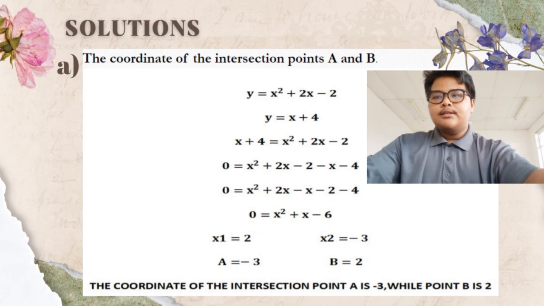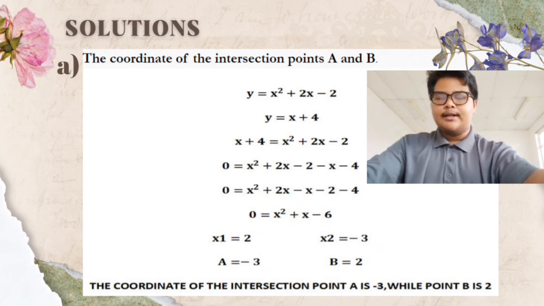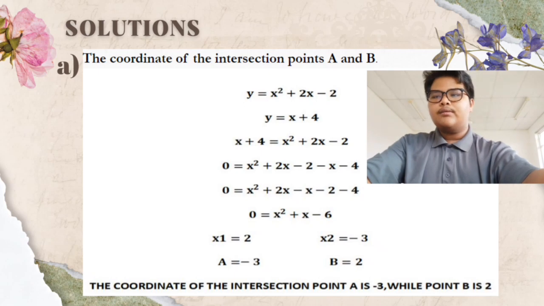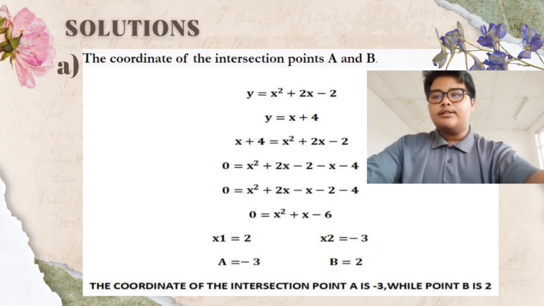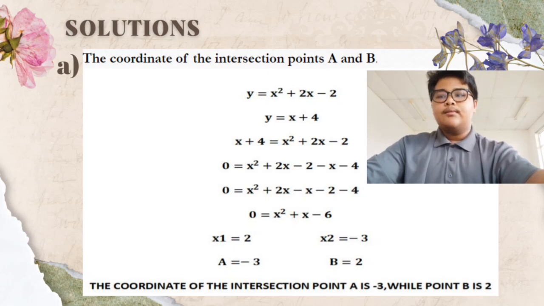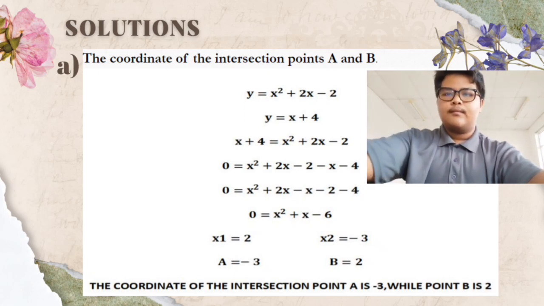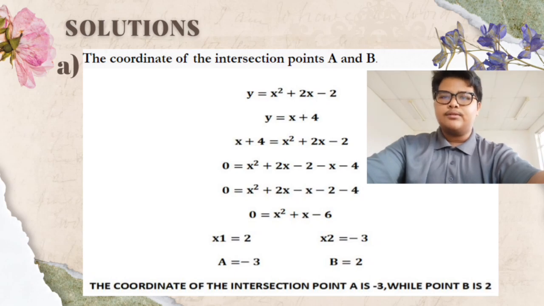And then 0 equals x to the power of 2 plus x minus 6. x1 equals 2, x2 equals negative 3. A equals negative 3. B equals 2. The coordinate of the intersection from A is negative 3, while B is 2. Okay, now I will pass to Afizul.